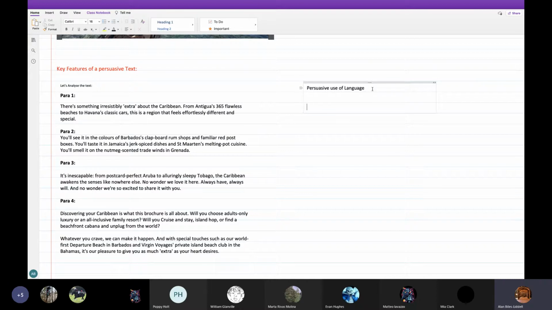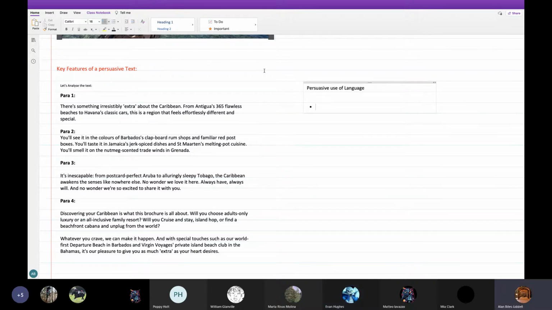Evan, in that first paragraph, can you give me a technique or identify a piece of language that is used there that is highly persuasive to you as a reader? It's saying it's got lots of beaches, makes me want to go there.